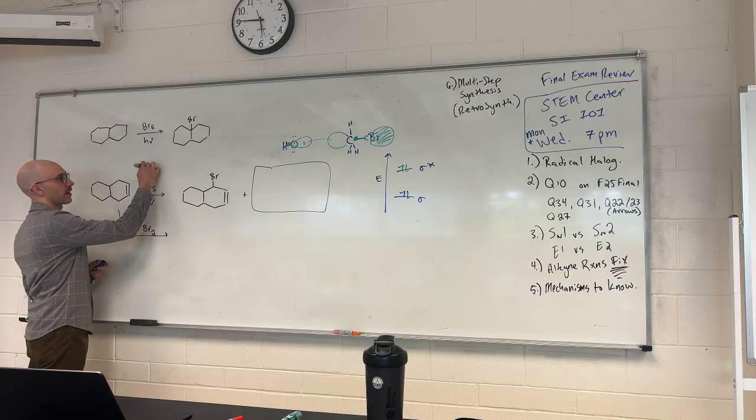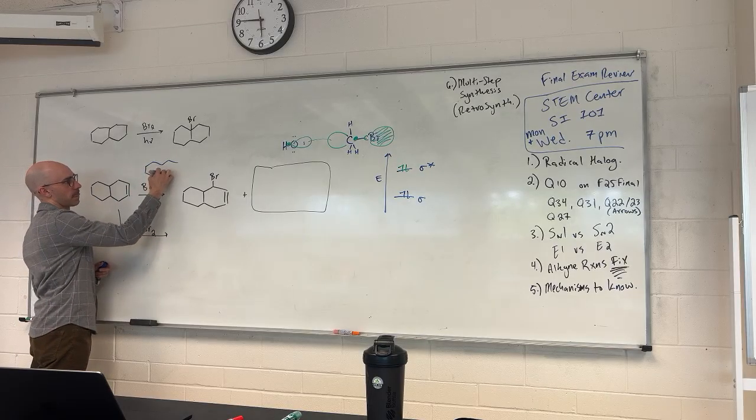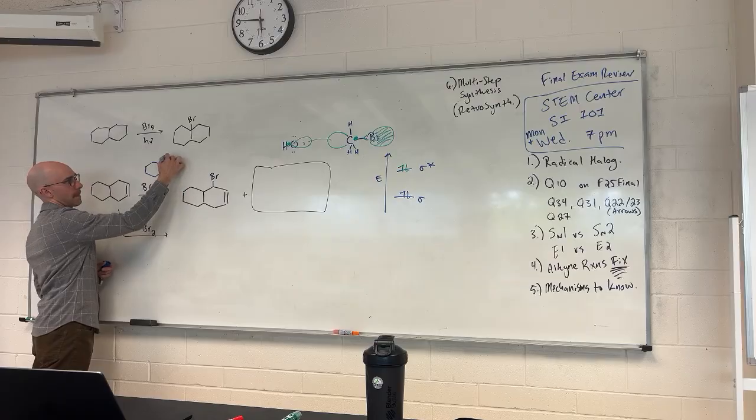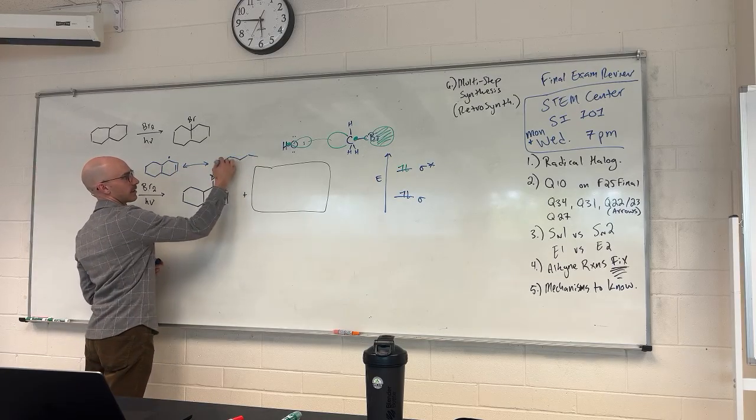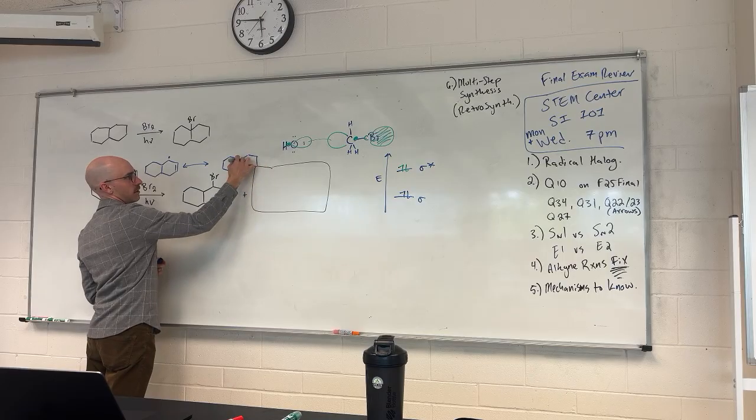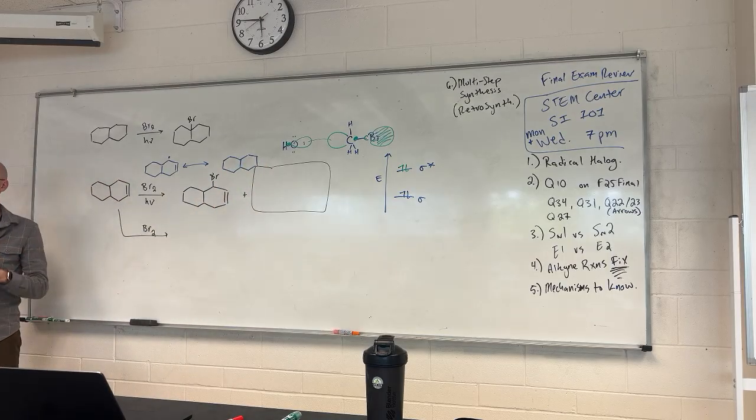When I form this radical intermediate, and it forms in resonance, what does the resonance look like and what does the other product look like?